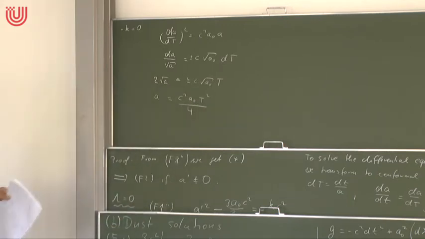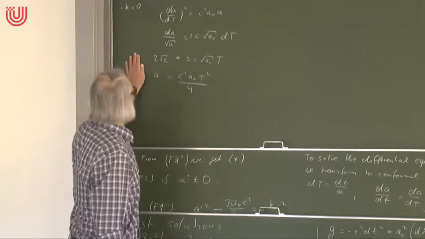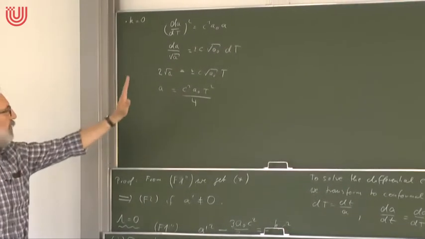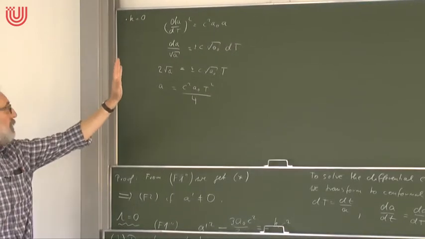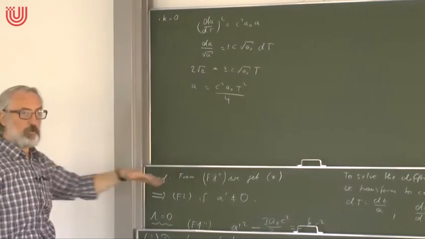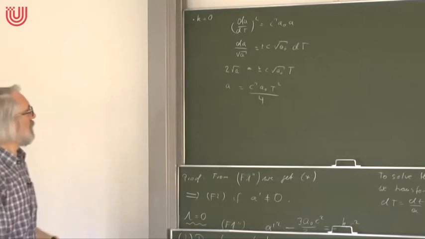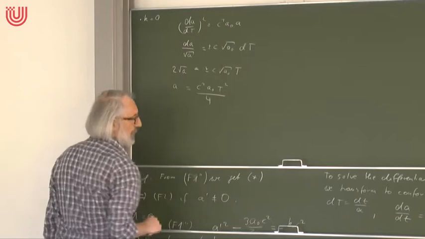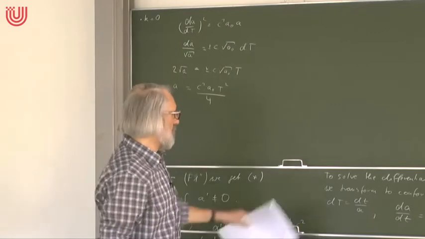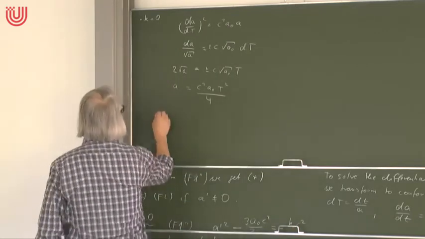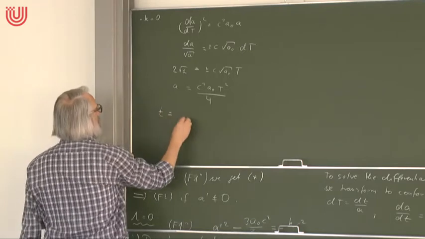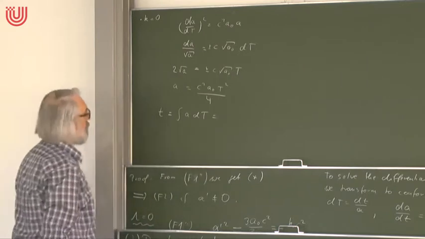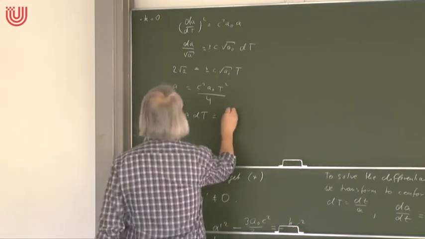Okay, that's it. So this is in the conformal time, the scale factor of the universe expands like capital T squared. Yeah, so it's a parabola in this diagram. But again, we are more interested in the representation of A as a function of little t. So what's the transformation? The transformation is, so t is the integral of A dT. So A is this here.